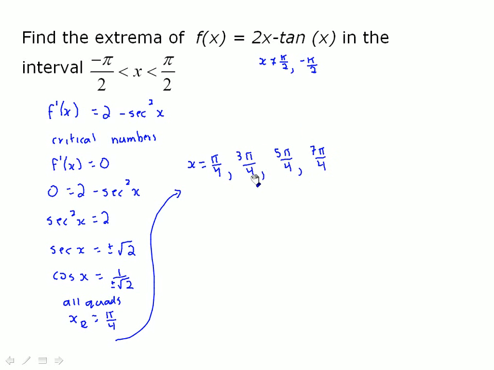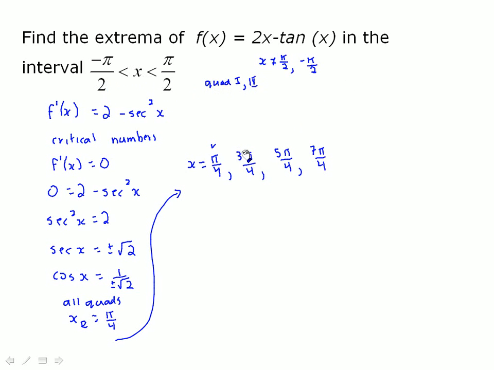Now, our domain is simply between negative pi over 2 and pi over 2. So this one we can keep in that form. This really is going to be in quadrant 1 and quadrant 4, because that's all that pi over 2 in both directions is going to give us.